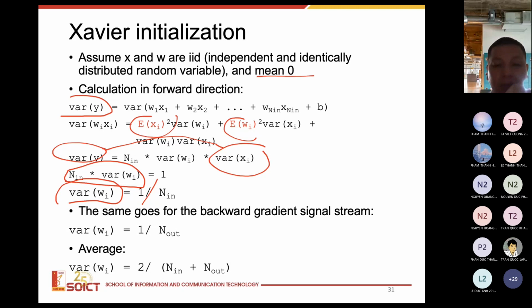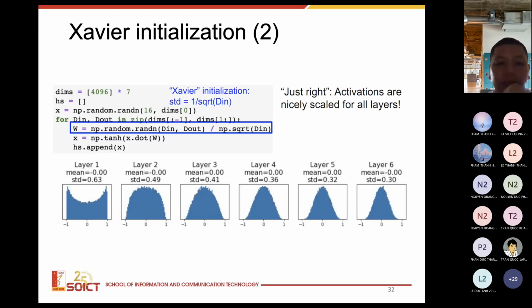The same goes for the backward direction, where the variance of Wi equals 1 over n out, the number of output dimensions. So by averaging, we can see that it is good to have the variance of Wi equal to 2 divided by the sum of the input and output dimensions. And that is the idea behind Xavier initialization.